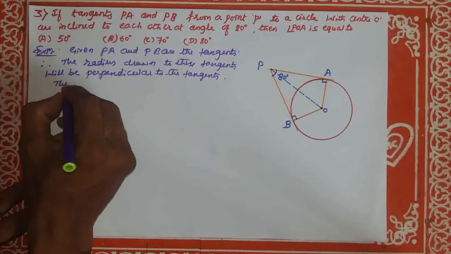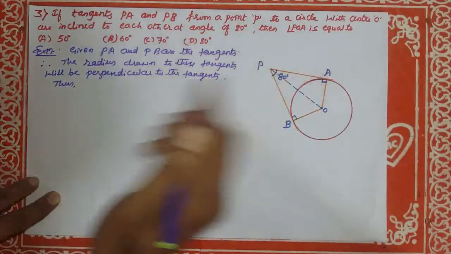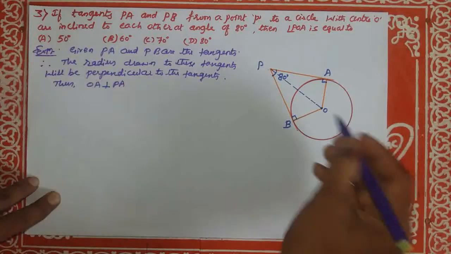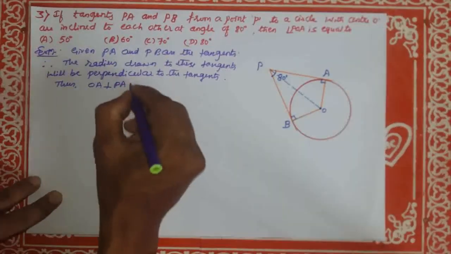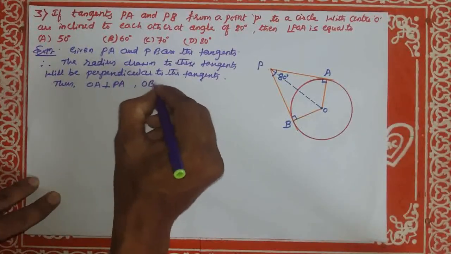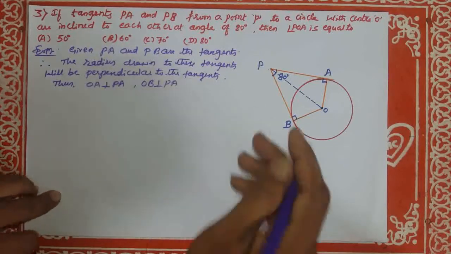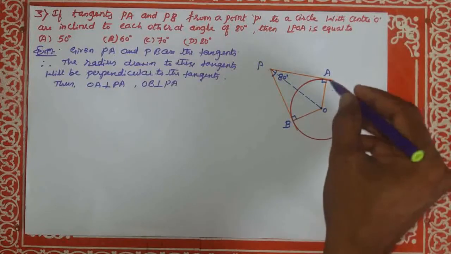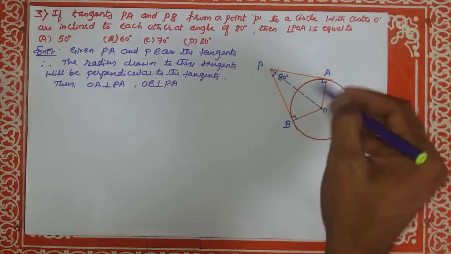Thus OA is perpendicular to PA and OB is perpendicular to PB. See, if radii are drawn to these tangents, they will be perpendicular to the tangents.